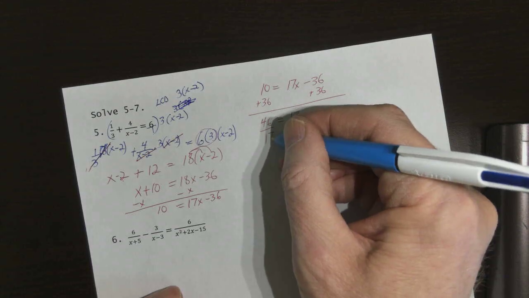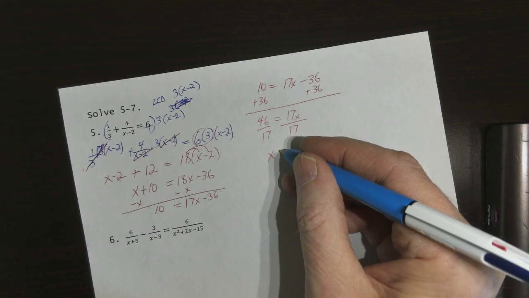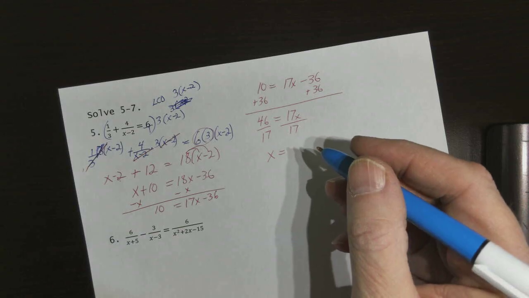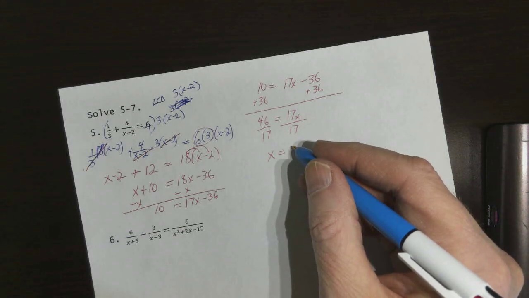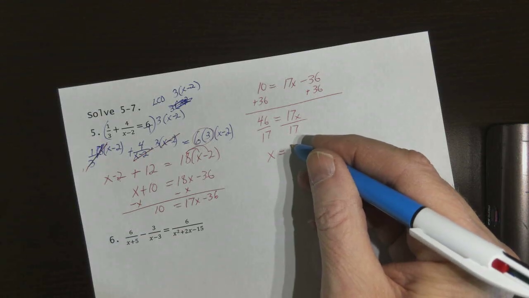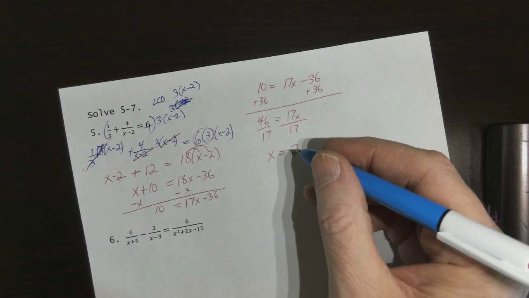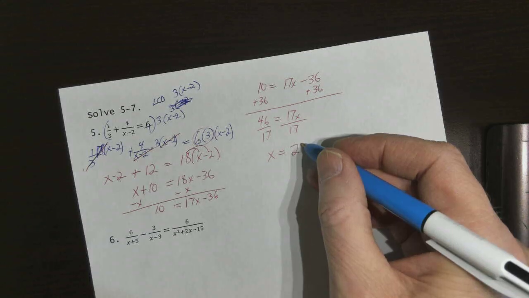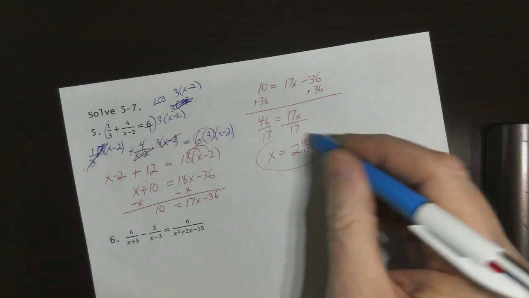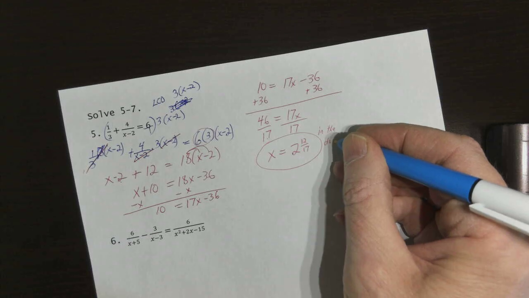I'll divide by 17. x is equal to 2.7 according to my calculation here. 46 over 17, that's 2 and 12/17. 34 and 12 is 46. Yeah, that's what I'm getting. That is in the domain. But that is a strange answer.